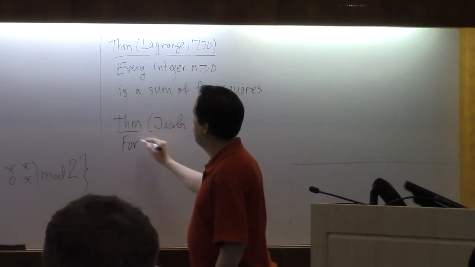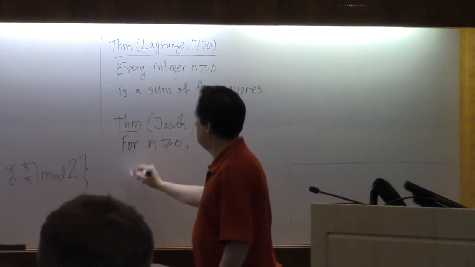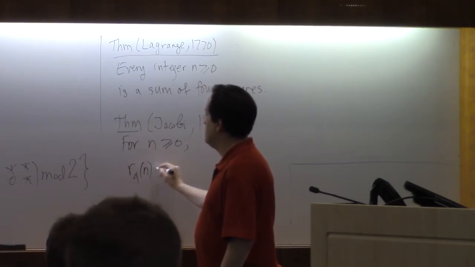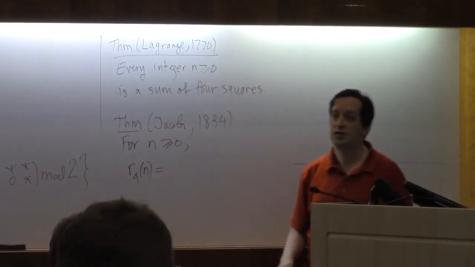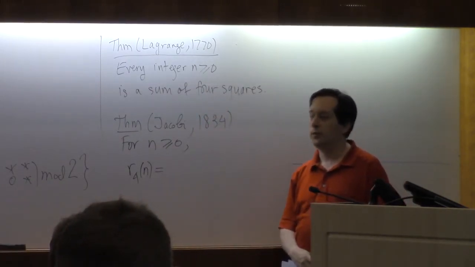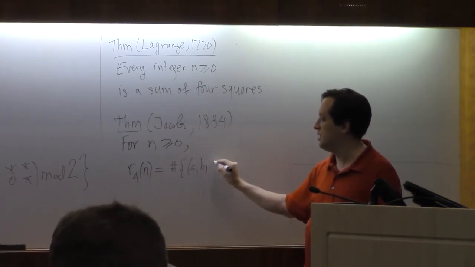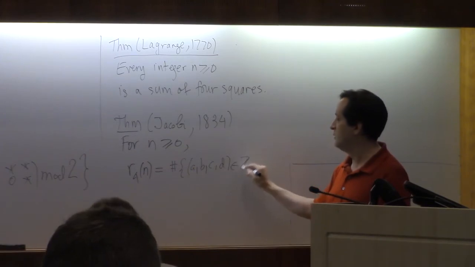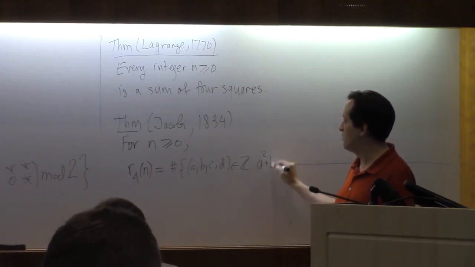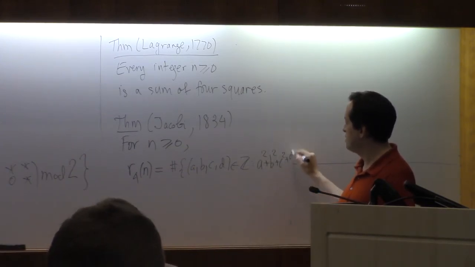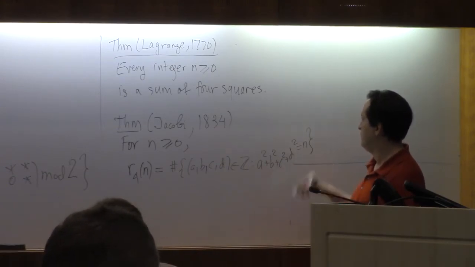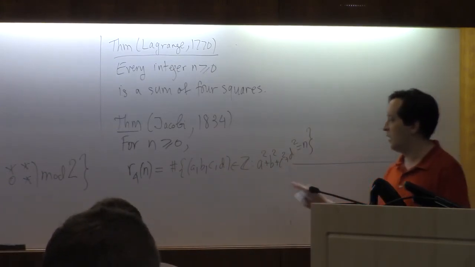So here's the formula for n greater than or equal to 0. I'll write R4 of n for the number of ways of writing an integer as a sum of four squares, so the number of 4-tuples a, b, c, d in the integers that make a squared plus b squared plus c squared plus d squared equal to n. There's a lot of duplication.